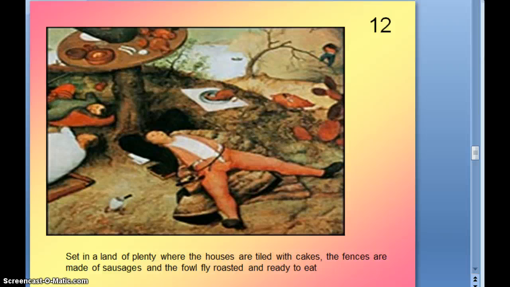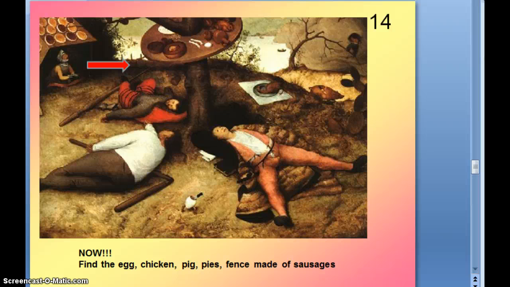Okay. So the other side of it, you can see I have an arrow pointing to the sausages on the fence because it's really hard to see. You can see there's lots of pies made up on the roof, on the tile, and you can easily find the chicken and the pig and the egg.